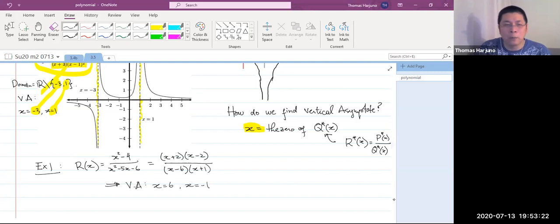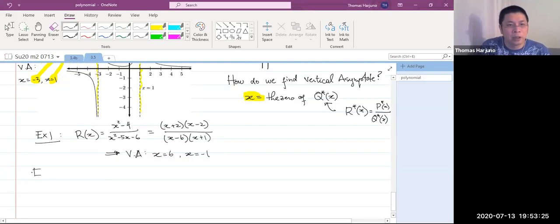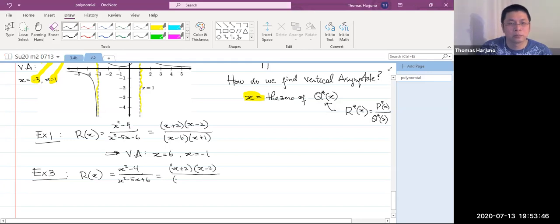However, if I compare that with example 3, in which I have R of x equals x squared minus 4 over x squared minus 5x plus 6, this is equal to the simplified version, x plus 2 over x minus 3, for x not equal to 2.